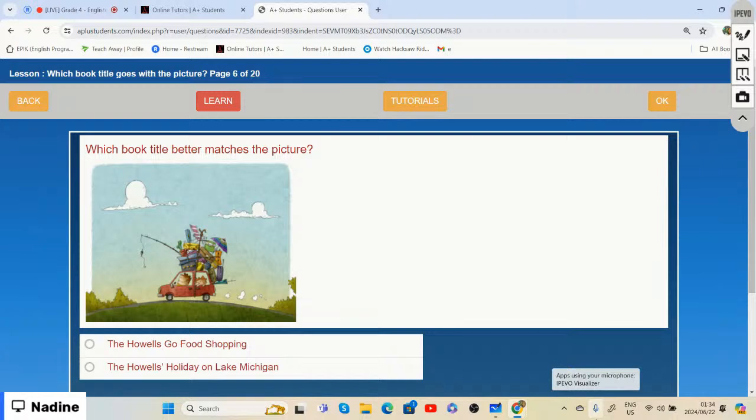Is it The Howells Go Food Shopping or The Howells Holiday on Lake Michigan? We need to say which title matches the picture, right? We need to choose the correct one.